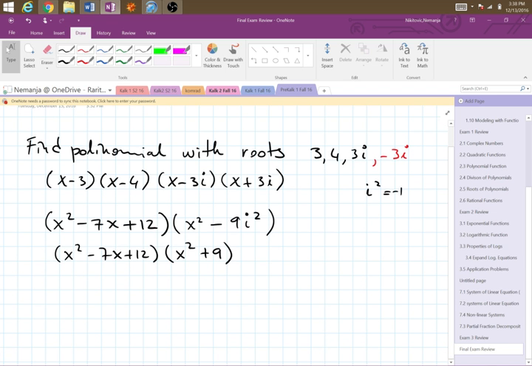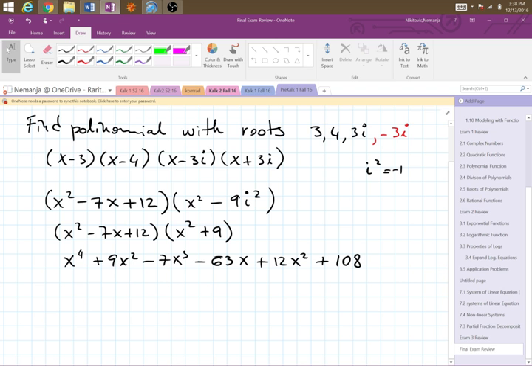And then we FOIL this further: x to the 4th plus 9x squared minus 7x cubed minus 63x, and then plus 12x squared, and then plus 108.